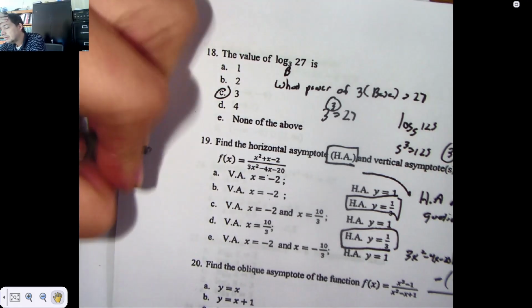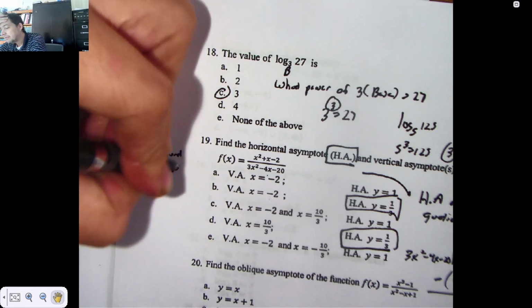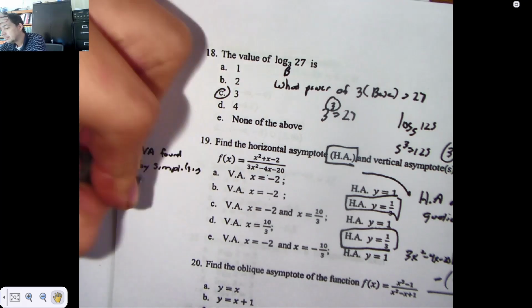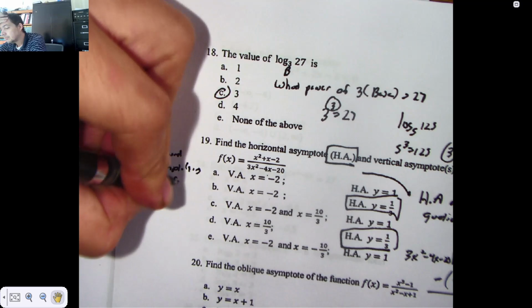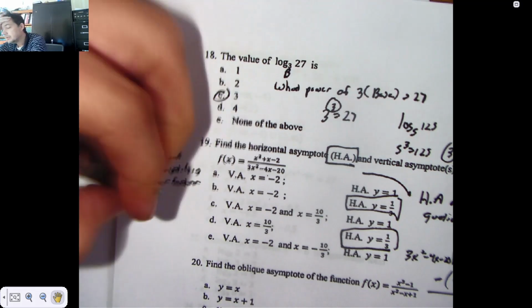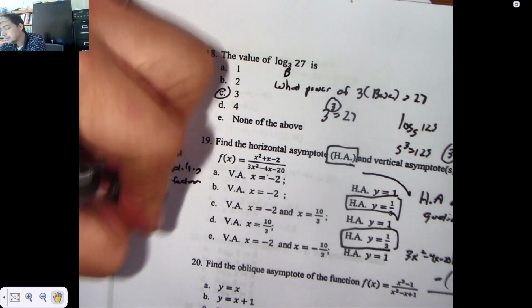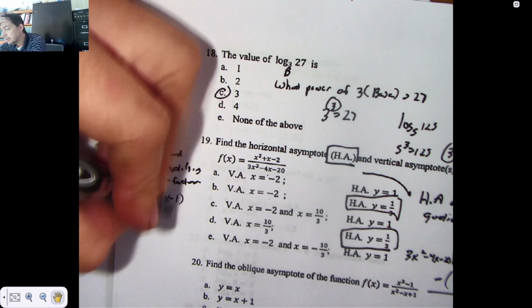Your vertical asymptotes are found by simplifying after factoring. Now x squared plus x minus 2 does factor. I think it's x plus 2 and x minus 1. And let's see here.